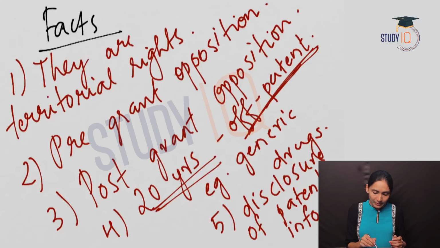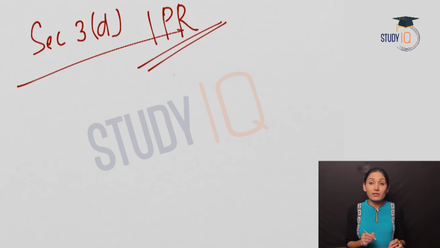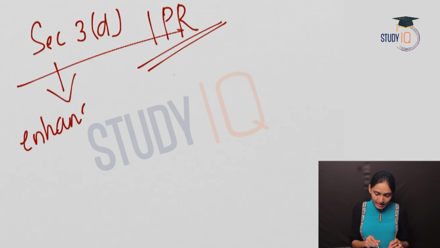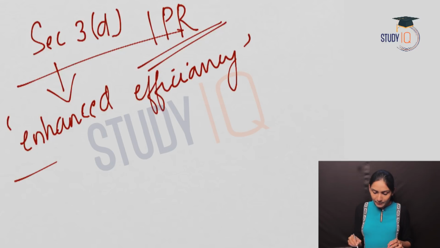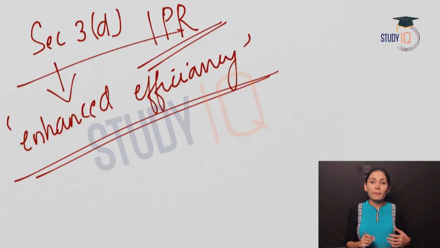Let us quickly brief. Section 3D of IPR, Intellectual Property Rights, says that enhanced efficiency is compulsory for applying for patent of already existing drug. This was the section 3D inserted by the Indian patent law. And in the landmark judgment, Supreme Court said that enhanced efficiency means therapeutic efficiency.